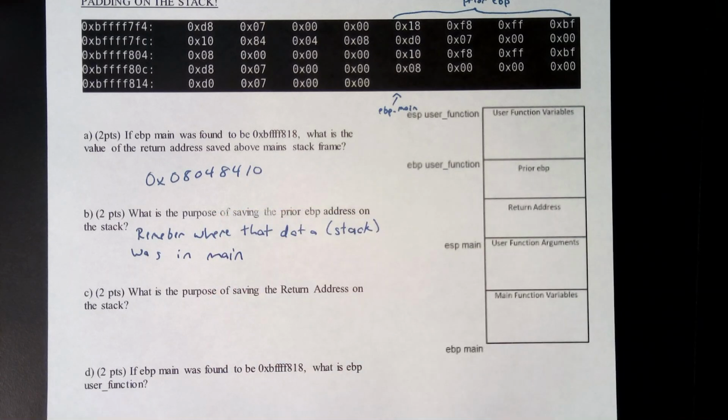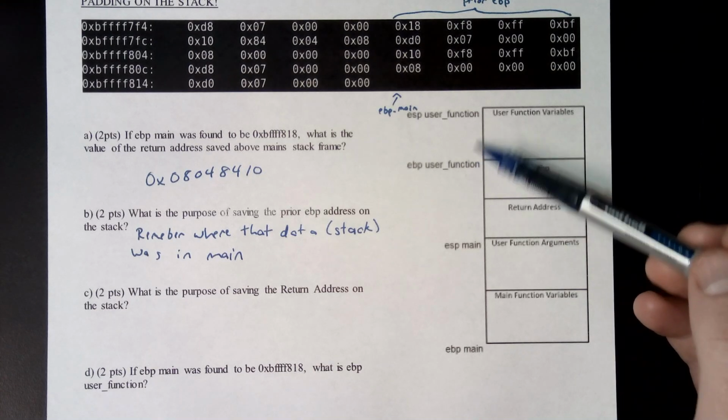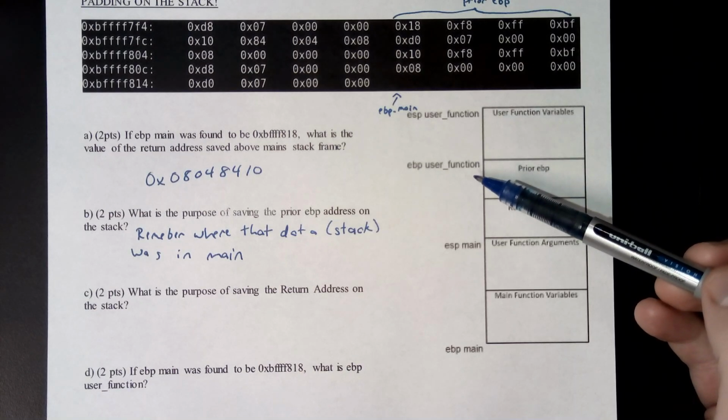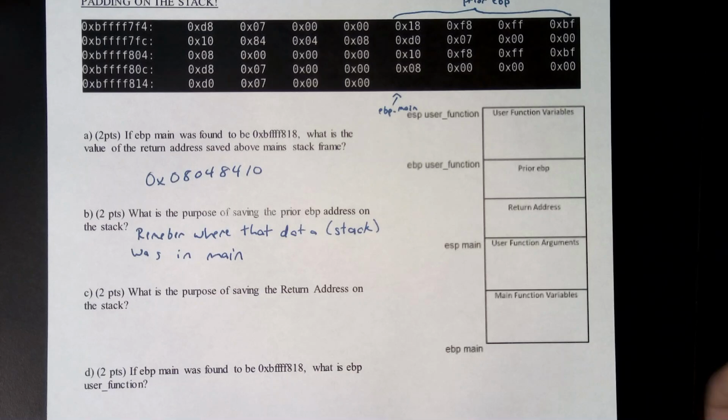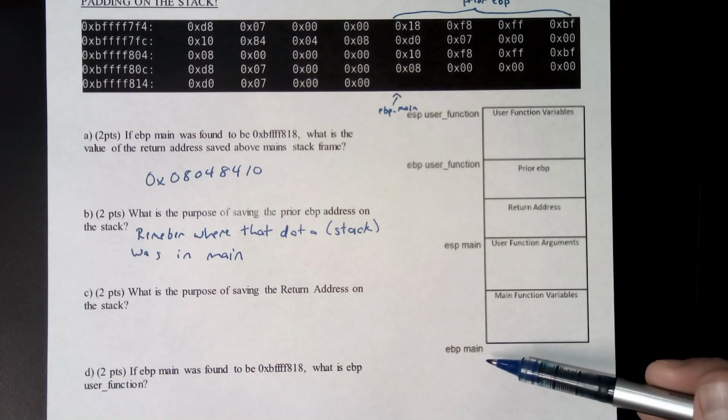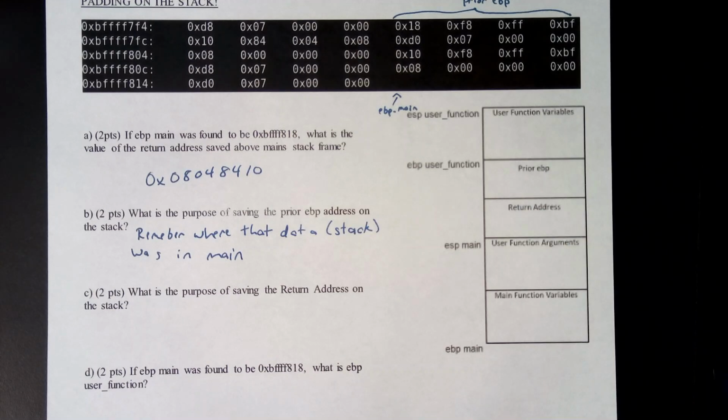Because we're adjusting our stack, we're making EBP go to where it is for user function. We have a new ESP and a new EBP. The hardware doesn't remember those values. It only has one EBP and one ESP. So we have to save our EBP main so that we can remember that.